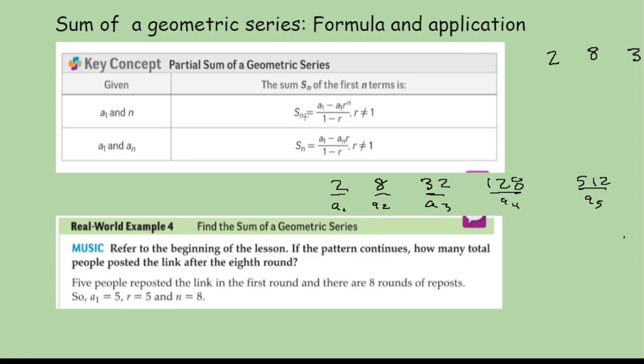They give us this formula here. S sub n equals your initial term, basically your a1, times r to the n. Now this is different from finding that nth term, right? So we don't have minus 1 up here. It's just a1 times r to the n, and then it's over 1 minus r.